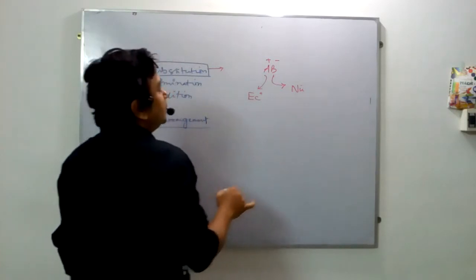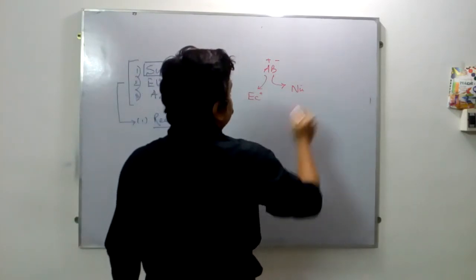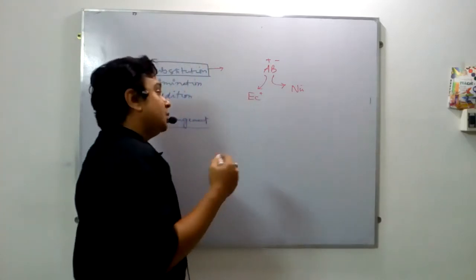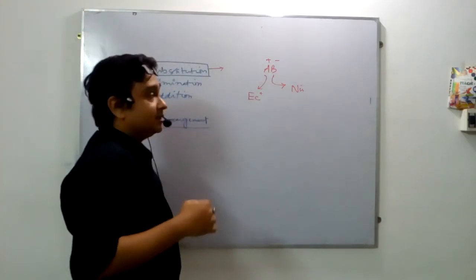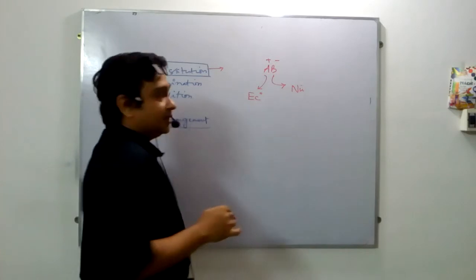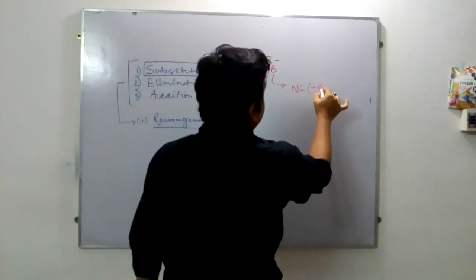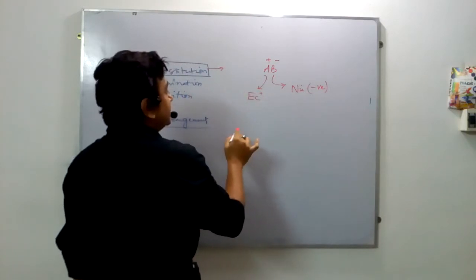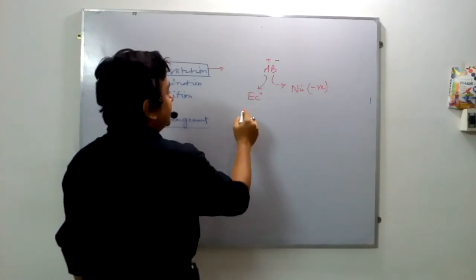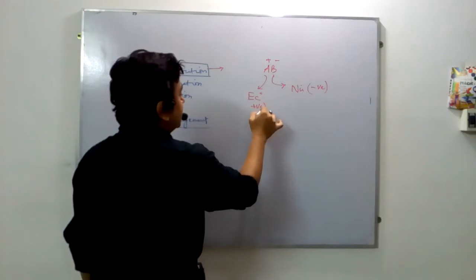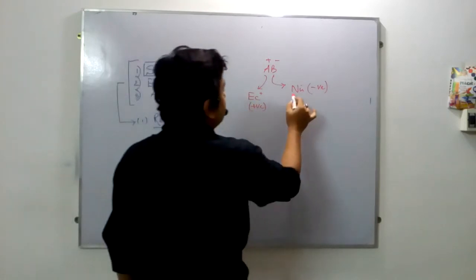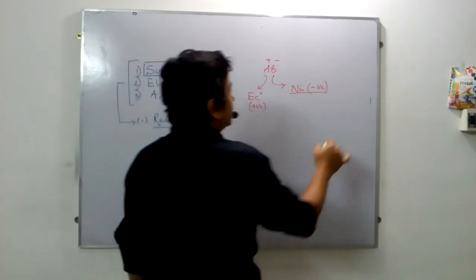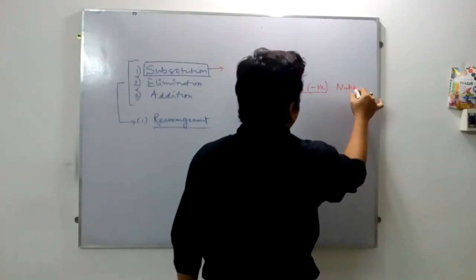Okay. Now nucleophile means nucleus lover. Nucleus is having a positive charge. So if nucleus is having a positive charge, then someone who is a nucleus lover is definitely negatively charged. And electrophile means electron lover, so definitely it is positively charged. Now apart from this charged nucleophile, we can have a neutral nucleophile also.